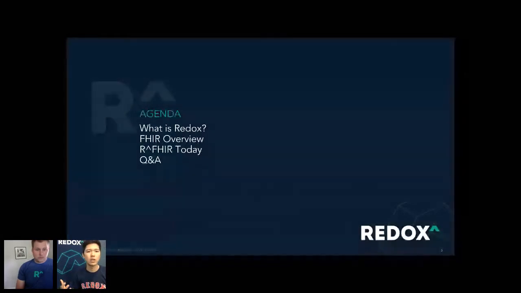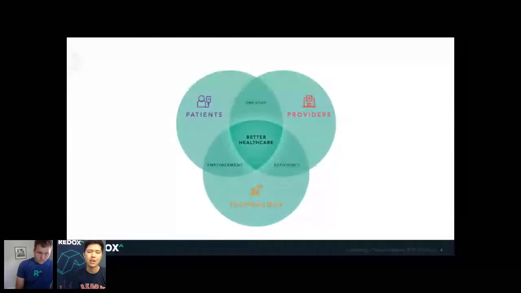But I want to start with a quick bit of context around Redox. We like to look at this diagram as describing why we do what we do. Healthcare happens at that intersection of patients and providers, and that relationship should be one of empathy, and technology is really just there to support that empathetic relationship. In the ideal world, we would see that relationship supported by an efficient workflow for providers.